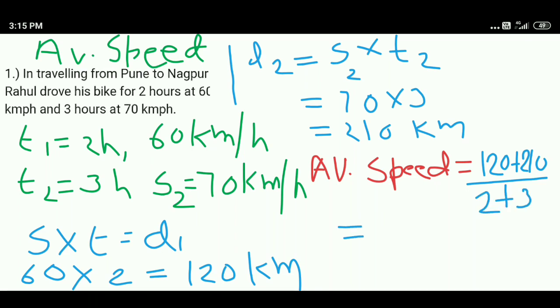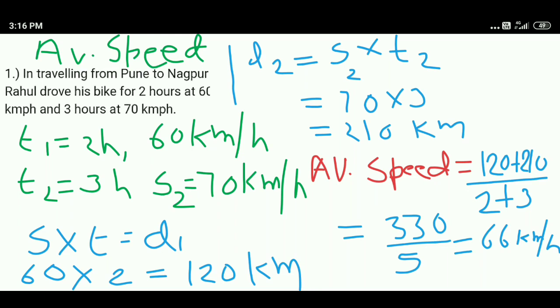Now the answer would be 330 divided by 5, that will be equal to 66 kilometer per hour. So what is the average speed of Rahul? The average speed of Rahul is 66 kilometer per hour. Okay, so it is the answer.